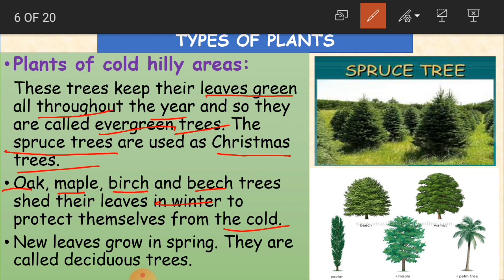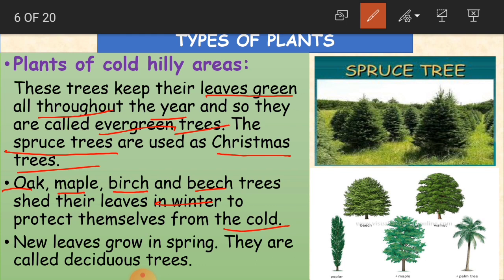Whereas evergreen trees remain green, these trees shed their leaves in winter. Because it is already a cold area, and in winter the coolness will be very high, so to protect themselves from that cold, they shed their leaves.